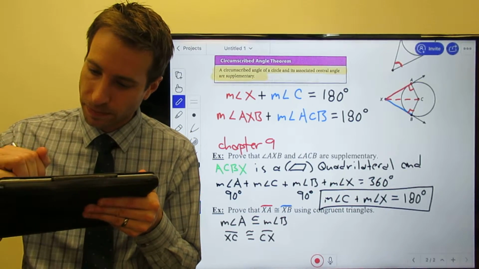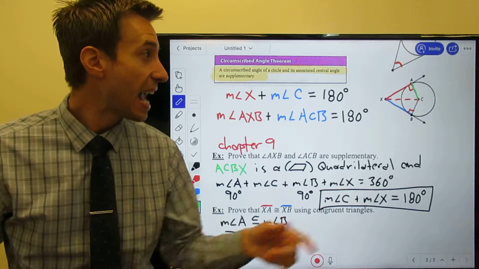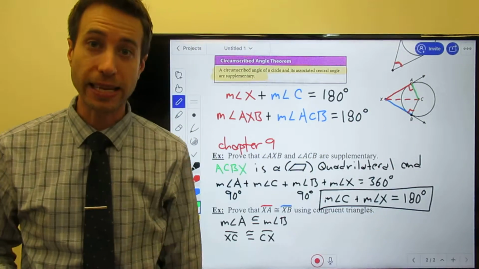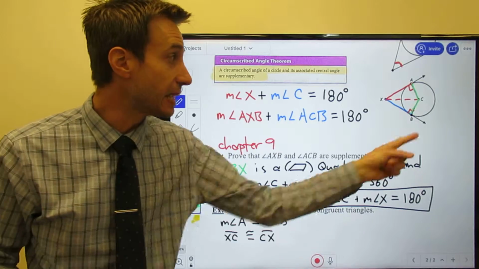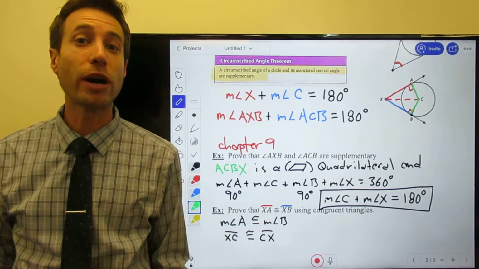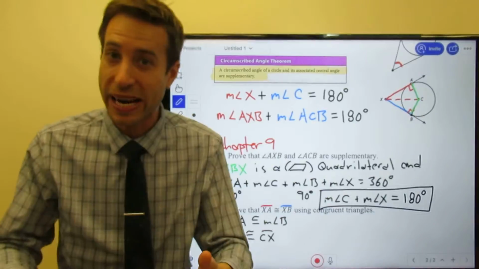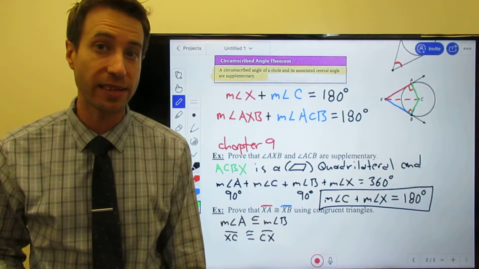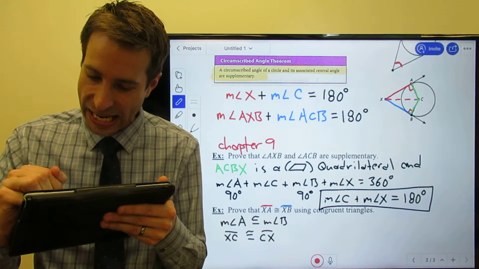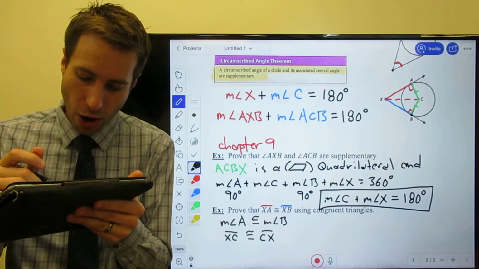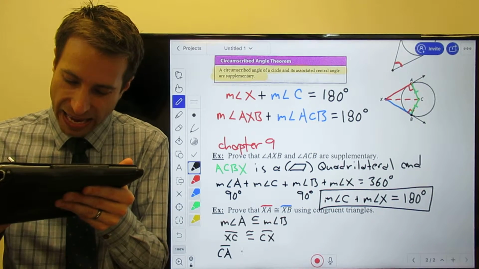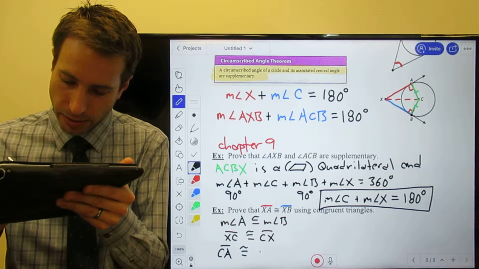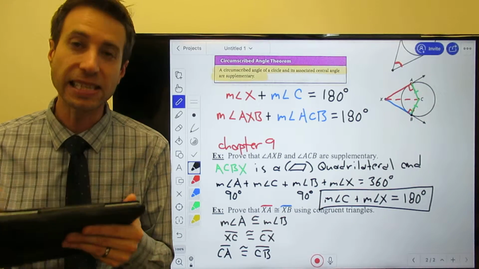Check this out. AC is a radius, but so is CB. And it doesn't matter where you draw the radius in the circle. The radius of a circle will always be the same measure. Draw anywhere you want to. So I also know then that CA has to be congruent to CB.